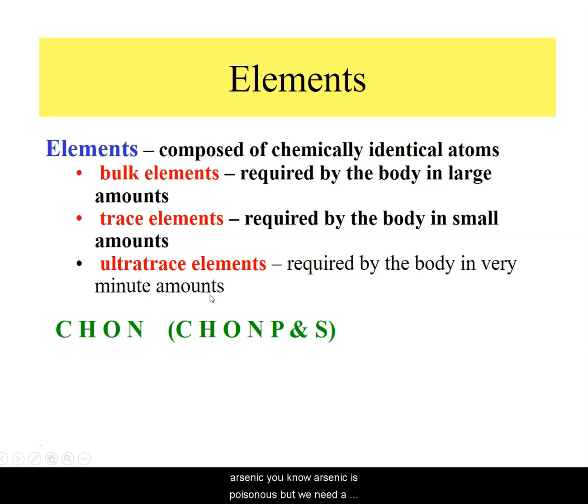You know, arsenic is poisonous, but we need a trace amount of that. But if you get more than the ultra trace amount, it is definitely poisonous to us. So these make up about 98% total of our body mass, and then the trace elements and ultra trace elements make up the other 2%.